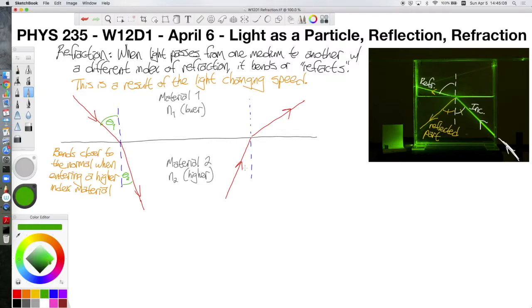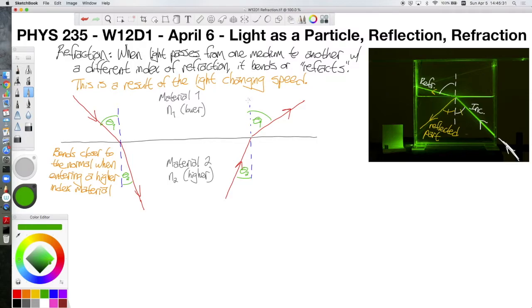So theta 2 and theta 1, which one is which depends on which angle occurs in which material. So notice that when the light was coming from top to bottom here, theta 1 was on the top and theta 2 was on the bottom. When the light's going from bottom to top, theta 2 is still on the bottom and theta 1 is still on the top.